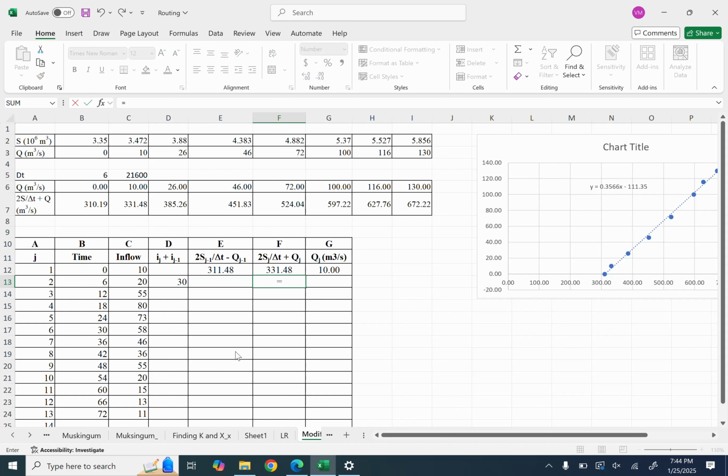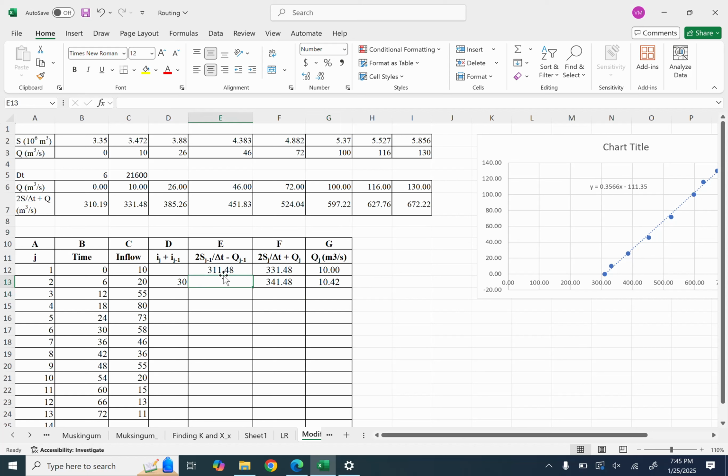Once we have this, we use the storage outflow relationship, y equals 0.3566 and so on. So that will be 0.3566 times our 2S over delta t plus Q minus 111.35. This is what we had, 10.42.